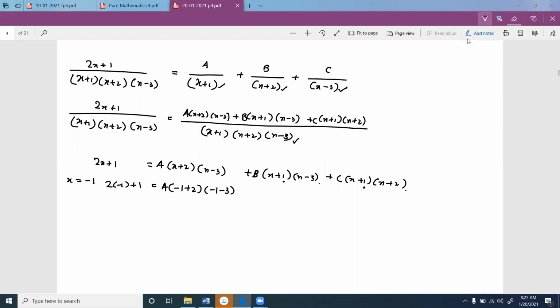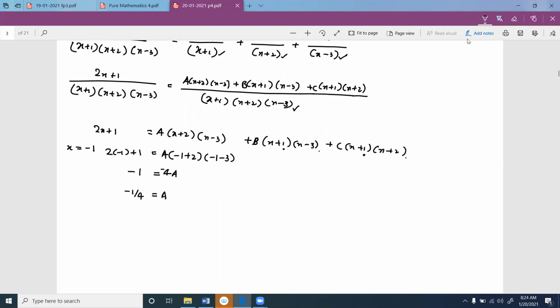Then you can write minus 2 plus 1 is minus 1, equals minus 1 into minus 4, which is plus 4 for a. Sorry, it's minus 4, yes, minus 4a. Therefore, a becomes minus 1 over 4.